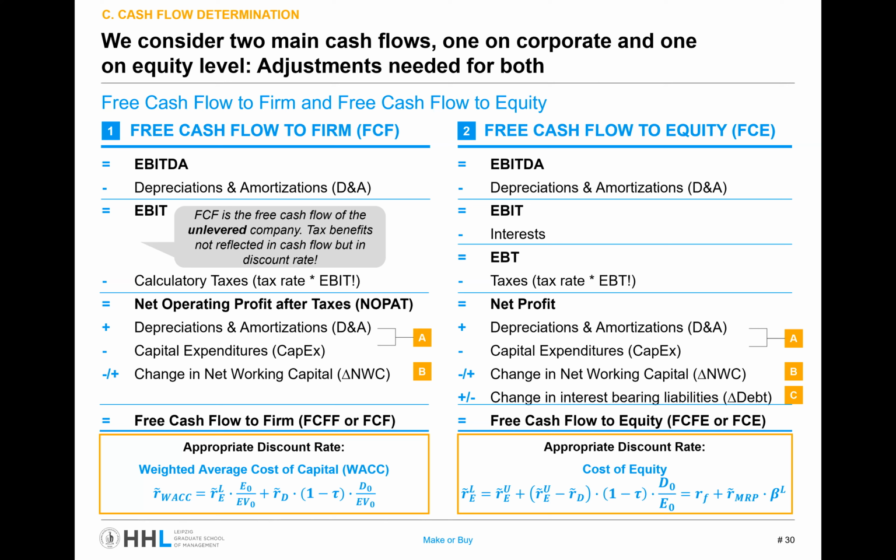And let me directly tell you that the appropriate discount rate for such a free cash flow to equity would be the cost of equity. We are not going to go into the deepest detail on those discount rates because this could be a full course actually.